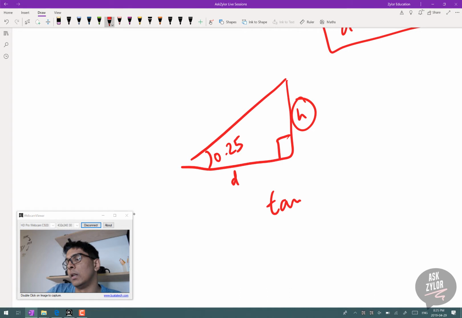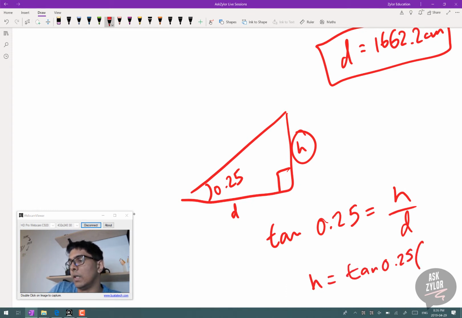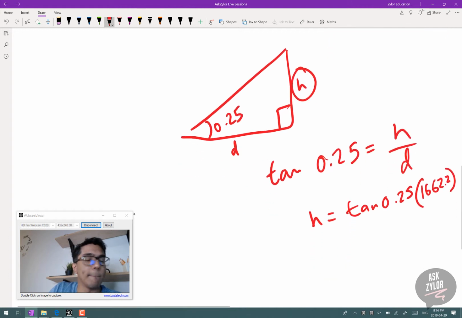So tan 0.25 is equal to height over my distance. I now know my distance, so my height is going to be tan 0.25 times 1662.2. This evaluates to give me 424.4 centimeters.